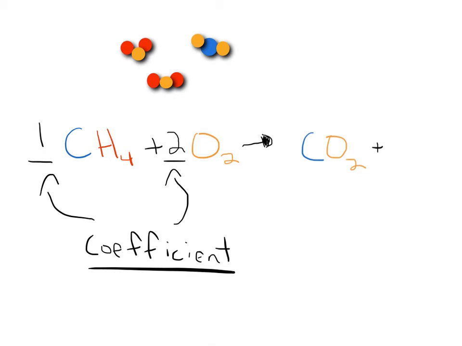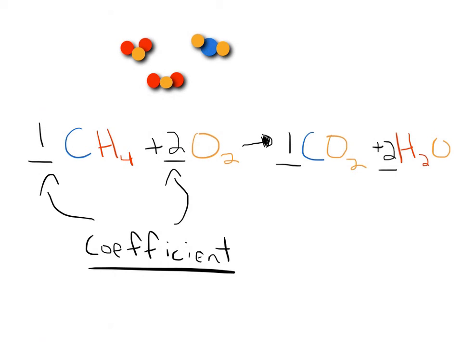That's right, we have water now, so we have H2O, there's 2 waters, and then coefficients in front: there's 1 CO2 and there's 2 H2Os.